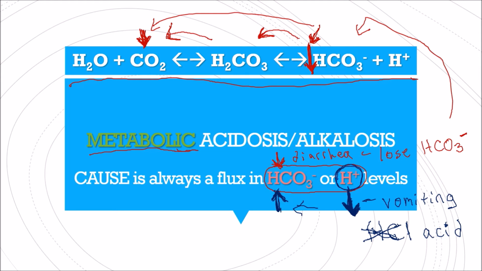So if this goes down, let's look up here at the formula. If this goes down, because you threw up all your hydrochloric acid, your acidic hydrogen proton levels go down. Since you don't have enough hydrogen ions in your system because you're throwing them all up, this is going to affect your ability to form carbonic acid, because one of the H's in the carbonic acid is not going to be there.